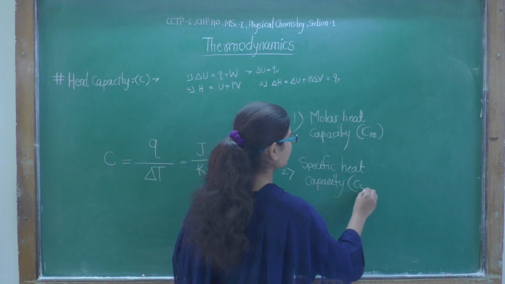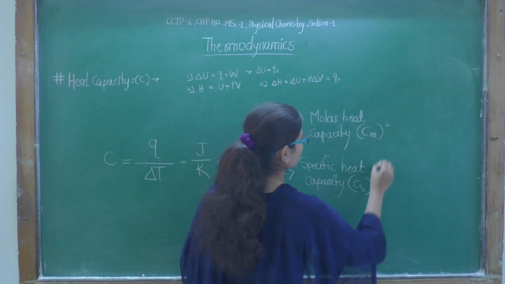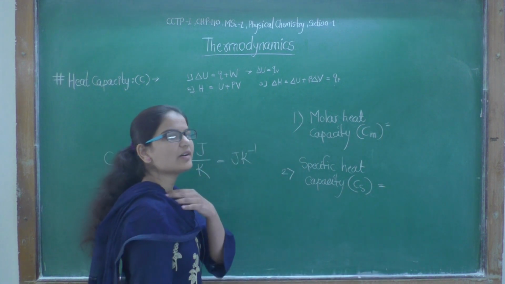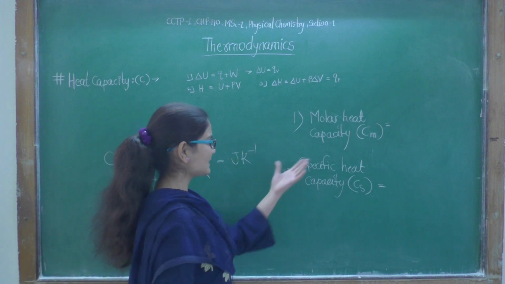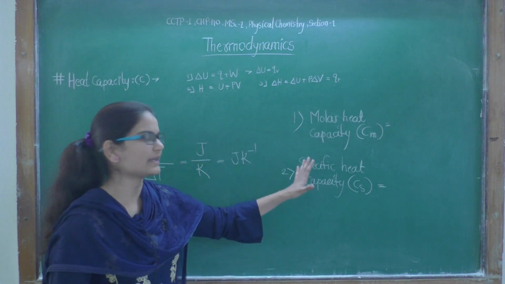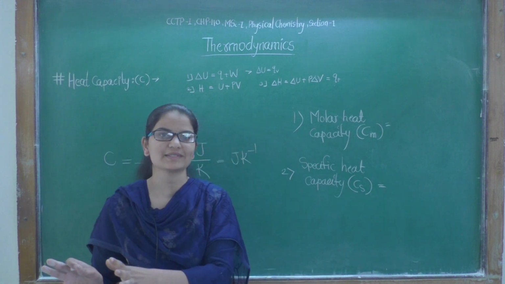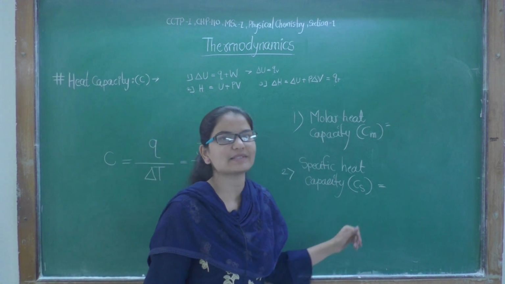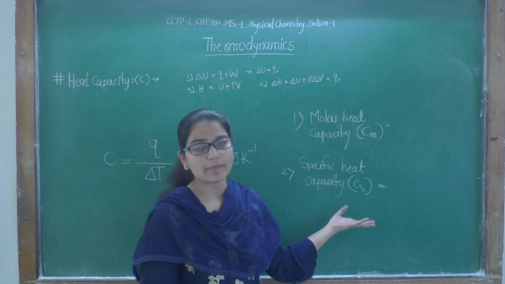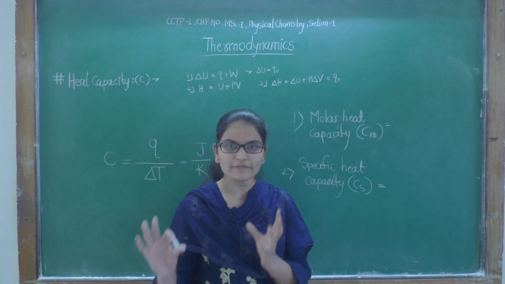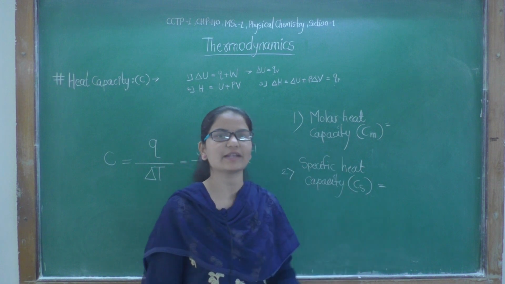It is denoted by CS. The term itself says what it is. Heat capacity of 1 mole of substance is nothing but molar heat capacity, and similarly heat capacity of 1 gram of substance is specific heat capacity.